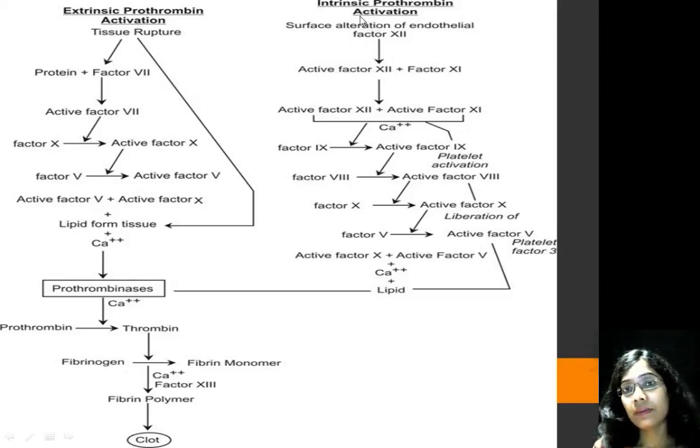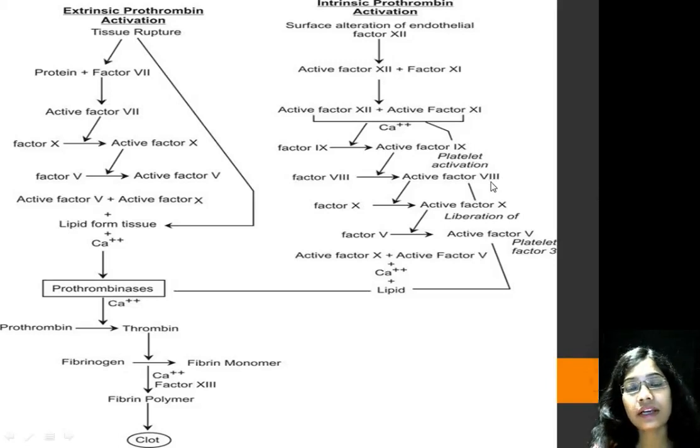The other one, simultaneously, is intrinsic prothrombin activation. With surface alteration of endothelial cells, factor 12 comes and gets activated. Activated factor 12 activates factor 11, and in the presence of factors 11 and 12 and calcium ions, factor 9 gets activated. Then platelet activation occurs, and factor 8 becomes active factor 8.